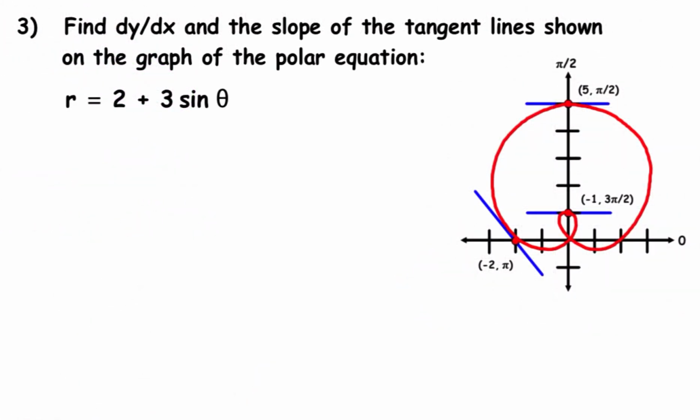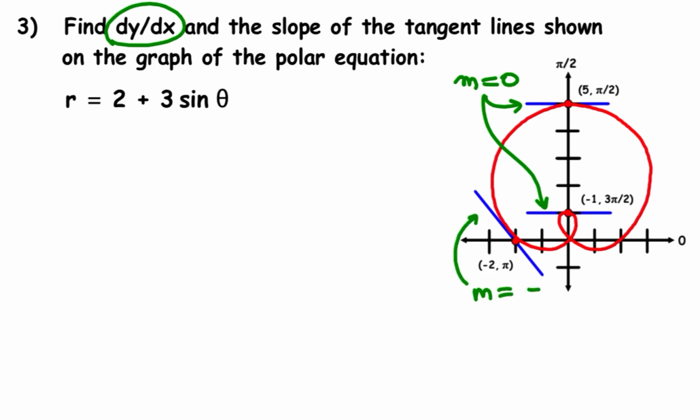Okay, here's where it's going to get real. We want to find dy/dx and the slope of all the tan lines. Well, first of all, a couple of the tan lines are completely obvious. The slope right here is 0. The slope right here is 0. The slope here is unknown, but it's going to be negative.